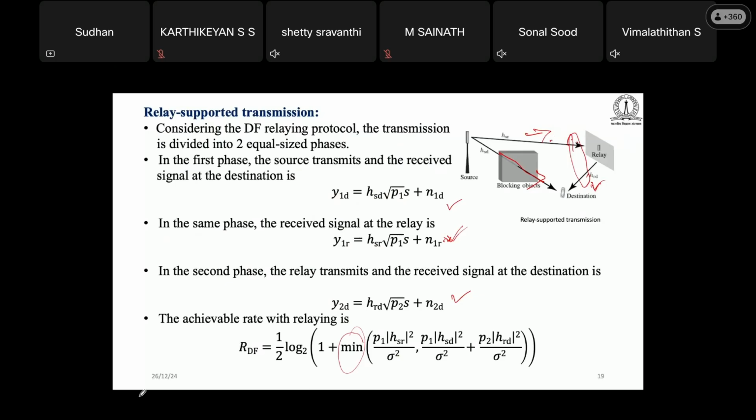Sorry, not the minimum of this link, the minimum of this one and the minimum of this one.